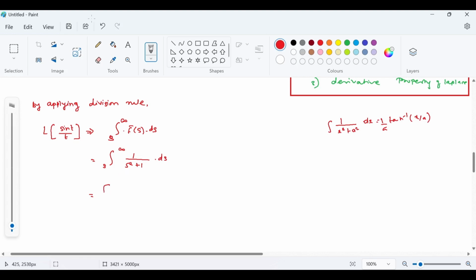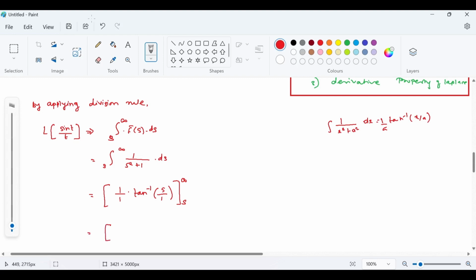So what can I get? 1 upon a is 1, tan inverse x by a. x is s here, a is 1, and limit s to infinity.